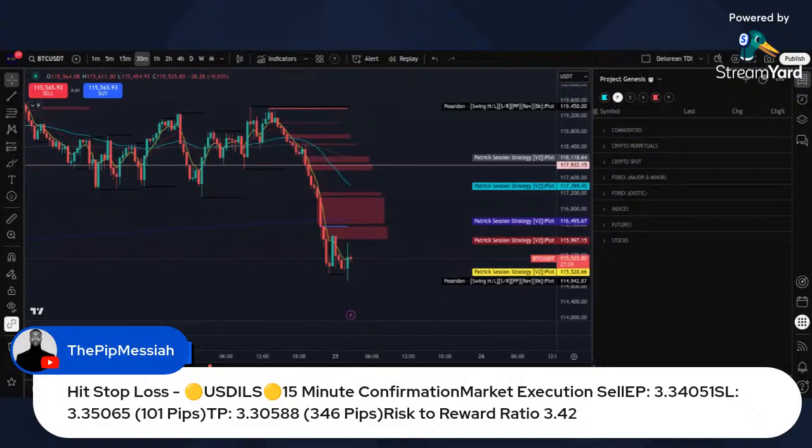So we can expect a nice red candle to form over the next 30 minutes or so. At this point, it's not a matter of if Bitcoin will decline, but when and how fast.